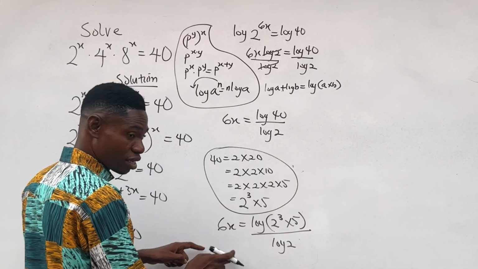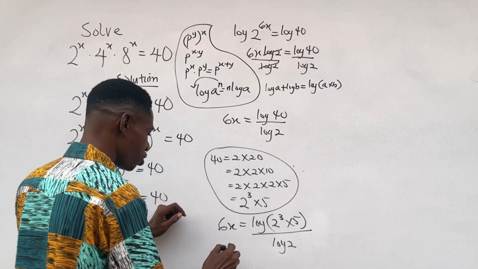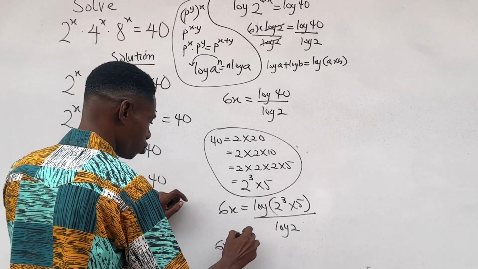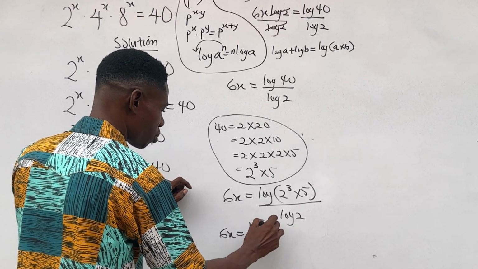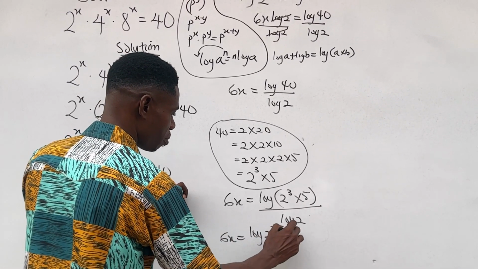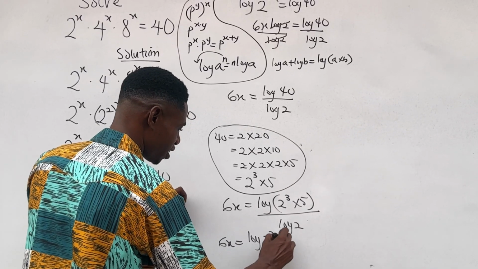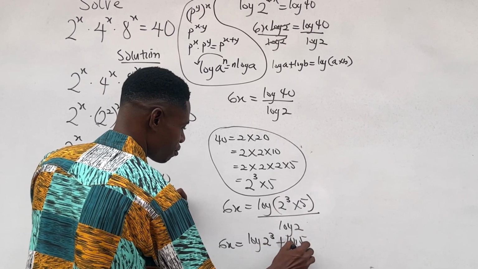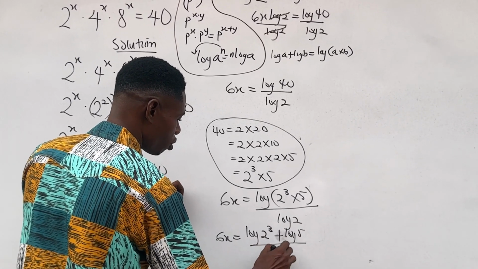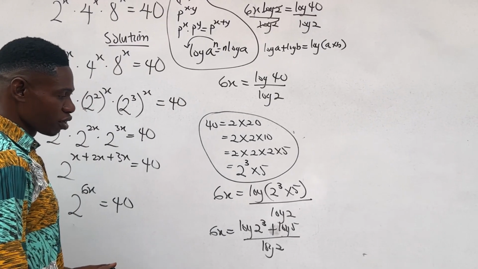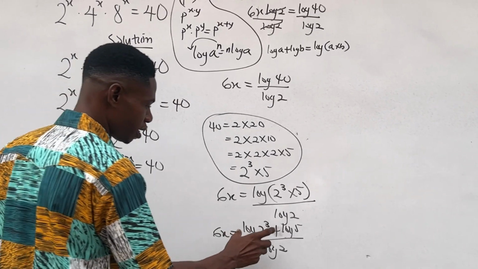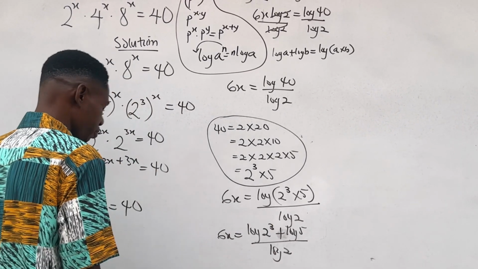So this will give us, can I write down here? Okay, so this will give us 6x equal to log 2 raised to the power 3 plus log 5 all over log 2. So what I want to do now is split these fractions.